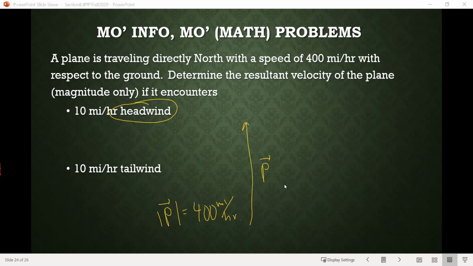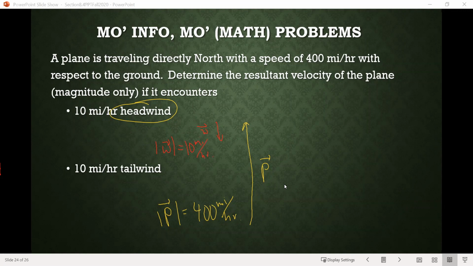Now, a headwind, if you think about it, I say that word head, so it must impact your head in some way, is a wind that would be going the opposite direction of you, right? So it could be represented by a vector like this, going in the exact opposite direction. So it'd be going southerly from the direction that the plane is going. And if I call that vector W, then the magnitude of W would be 10 miles per hour.